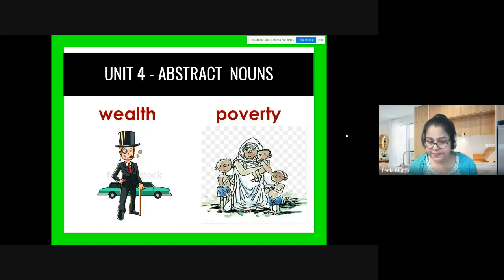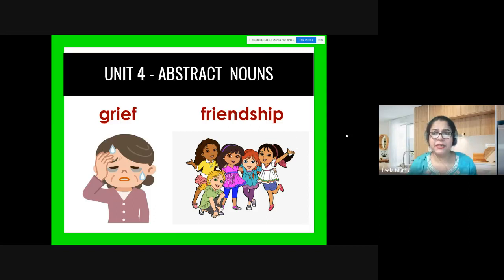Grief, when you're undergoing terrible sadness because maybe somebody's died or somebody's gone away forever and you won't be seeing them again. You get a feeling of extreme sadness called grief. Friendship, friends all around you.